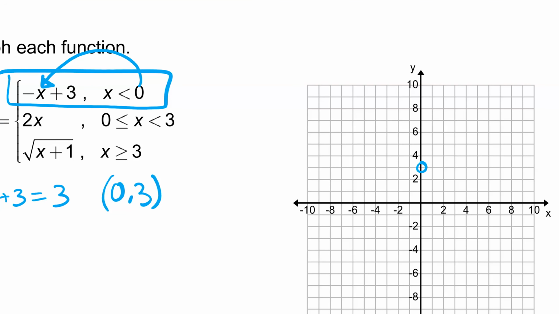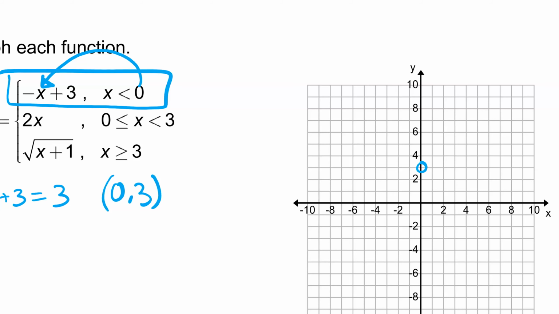Okay, and I need another point. Because what's the shape of negative x plus 3? Flat, curve, circle, whatever. What is it? Louder? It's a line. Negative x plus 3 is going to be a straight line, but where is it going? Right, the slope should be going down.